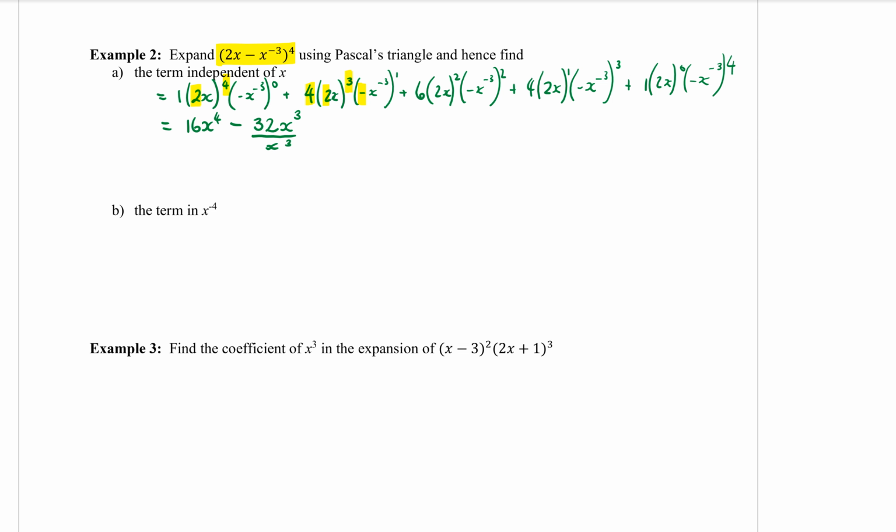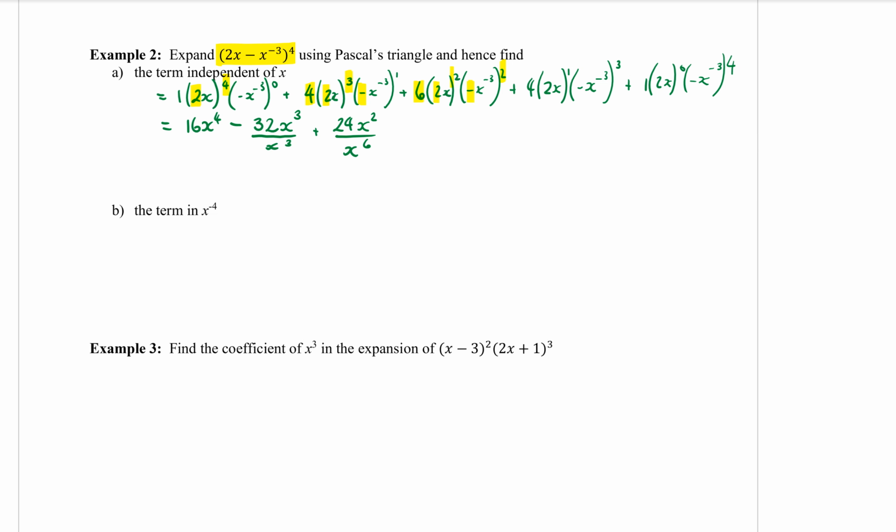The next term, because I have my negative sign squared this time, it's going to become a positive, and I'm going to need to do 6 times 2 squared, which is going to be a positive 24. From the first bracket, I'll have an x squared. From the second bracket, -3 times 2 is a power of -6, or an x to the positive 6 on the bottom.